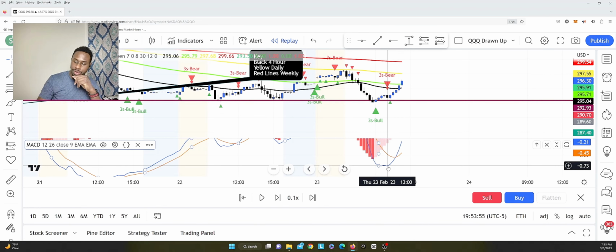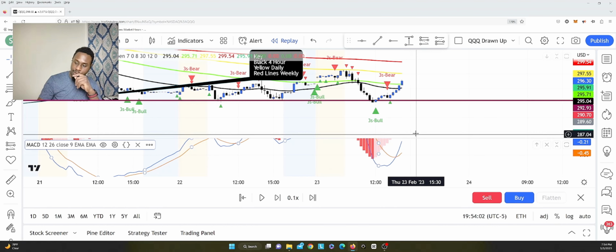So at this point, you'd have wanted to be in the trade from around here just to get the majority of the move.